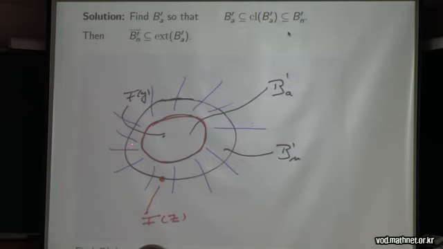We find a smaller one, the closure of which is included in the open set Bn', and then the complement of Bn' is now included in the exterior of Ba'.